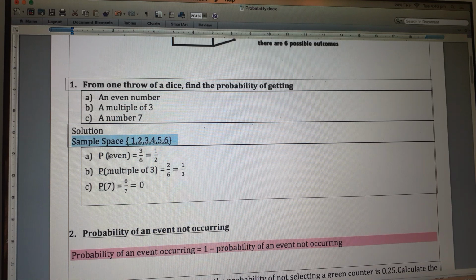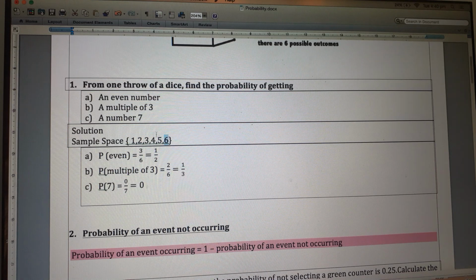Now I am talking about the probability of an even number. If I observe the outcomes from a dice throw, then out of these outcomes I have 2, 4 and 6. These 3 outcomes are basically even numbers.